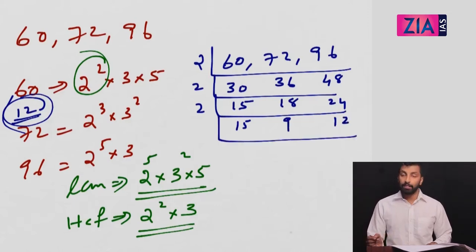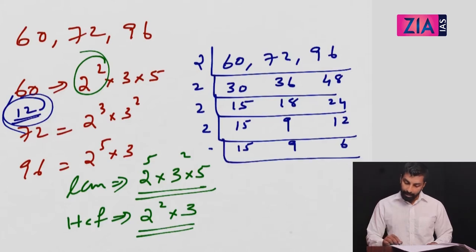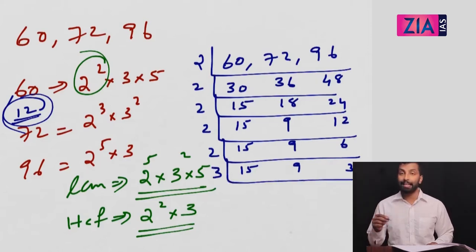Still there is one term which is a multiple of 2, so you continue with 2. 15 you drop like that, 9 you drop like that, 12 becomes 6. Again 2, because one term is a multiple of 2, then it becomes 15, 9 and 3. Now there are no multiples of 2, so you proceed with the next prime number. So you'll go with 3. So you get 5 here, 3 here, 1 here.